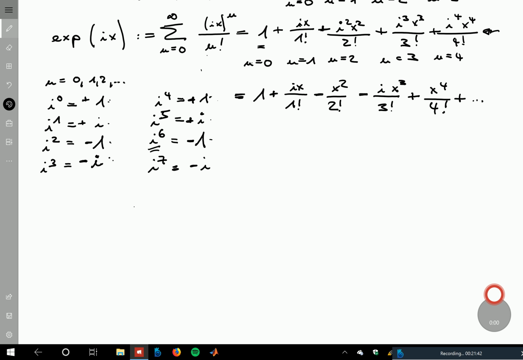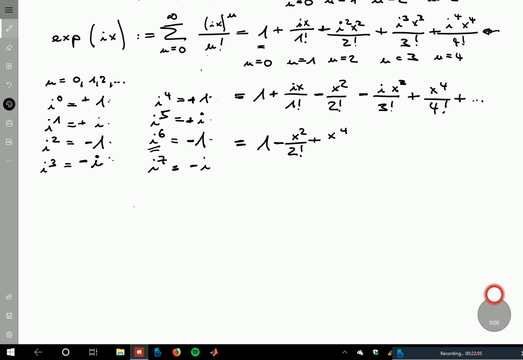Now this is what we've written up, and now we split that into essentially even and odd terms, where we start with 1 and then take the remaining even terms. So that's x² over 2 factorial plus x⁴.